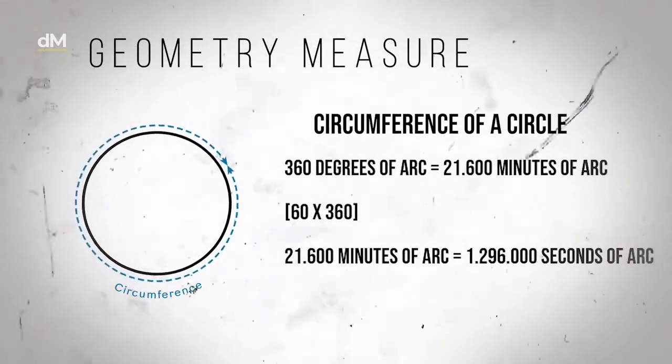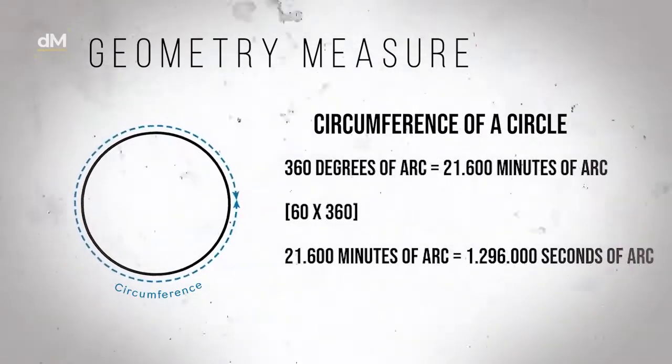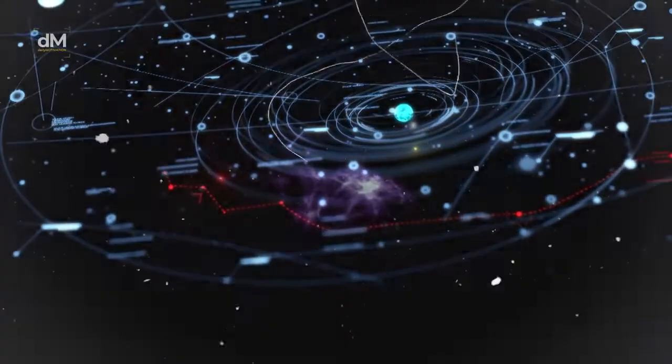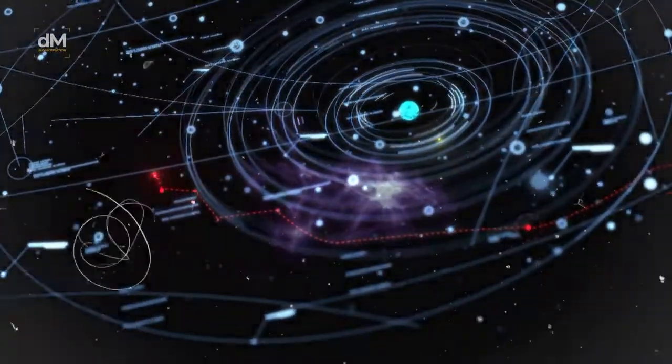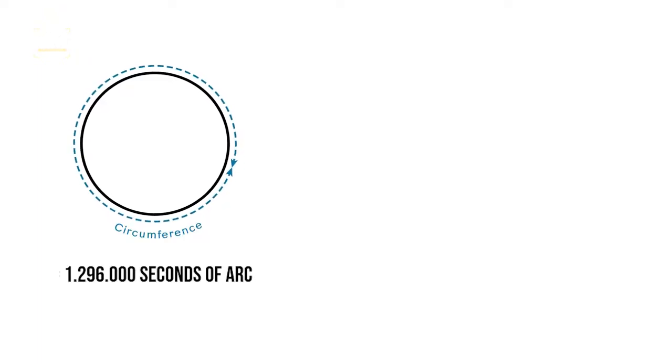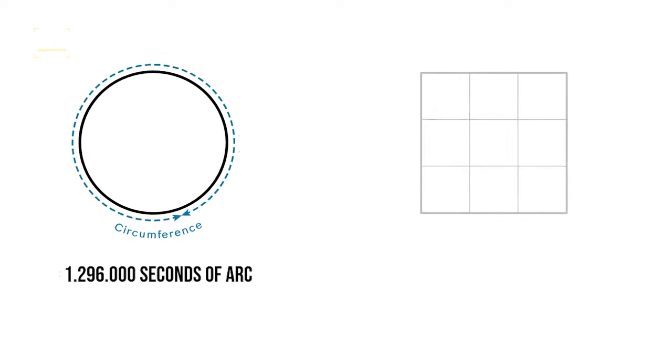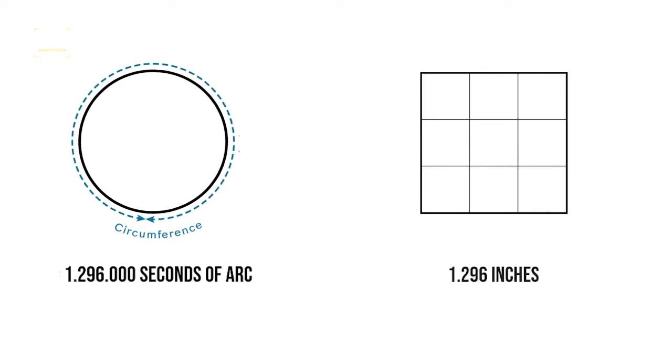That's a mighty fine subdivision of a circle that would be used mostly by astronomers to measure the motion of distant stars. But notice that number, 1,296,000, and you'll see that it's the same number, just raised by 3 orders of magnitude, as the number of square inches in a square yard.